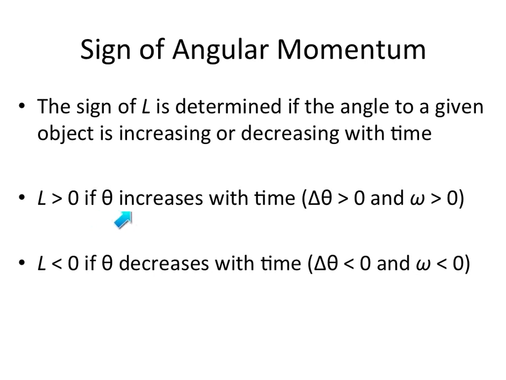Well, if that angle is changing, as you approach something at a varying angle, as that angle increases up to 90, your momentum is going to be increasing. And therefore, you're going to have a positive rotation or angular speed as you're passing that pivot point. But you're going to have a negative momentum as your angle is decreasing.